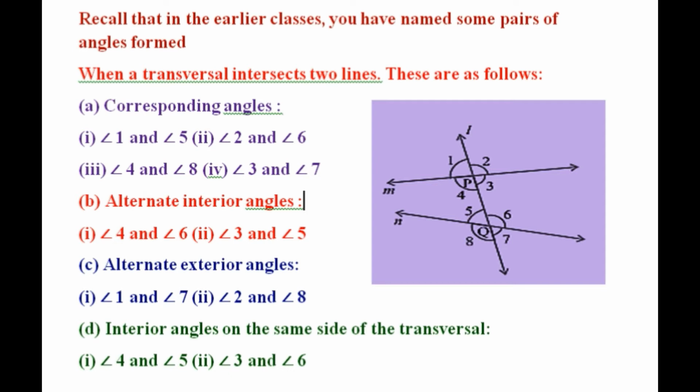Next one, interior angles on the same side of the transversal. Inside the lines, on the same side of the transversal, you have two pairs. You see angle 4, angle 5 and angle 3, angle 6.